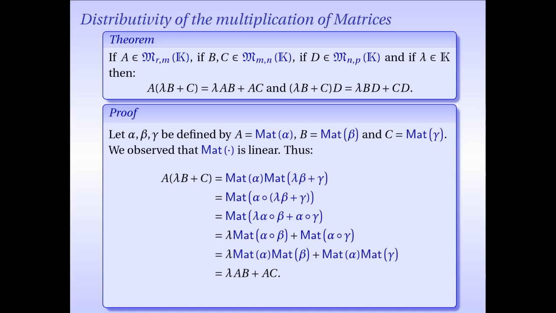Thus, A times the matrix lambda B plus C is the matrix of alpha composed with lambda beta plus gamma, which is the map lambda alpha composed with beta plus alpha composed with gamma. Here we use the fact that alpha is linear. We then use linearity of mat to conclude the desired identity. The proof of distributivity on the left is similar.